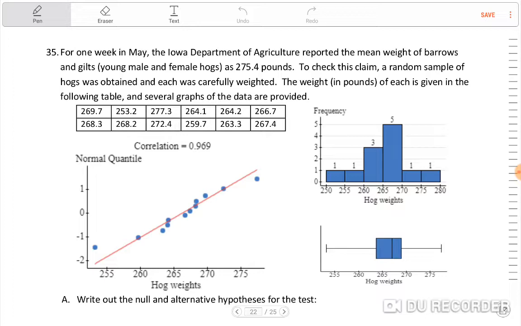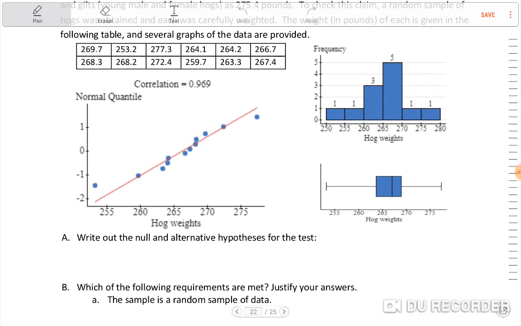Okay, so here there are weights in this table. We've got a histogram over here, which looks to be fairly bell-shaped. We've got a box plot over here, which looks approximately symmetric.